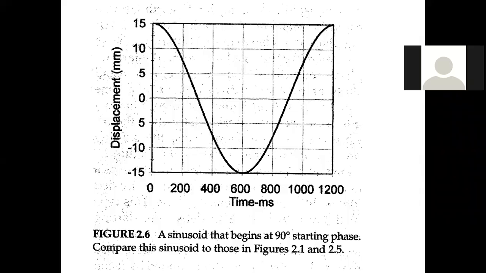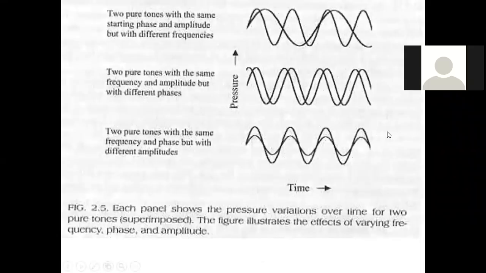Okay, now you can see these three particular pairs of waves over here. The top pair have the same height, so they have the same amplitude, but they're different in frequency. One of them has 4 bumps and the other one's only got 2.